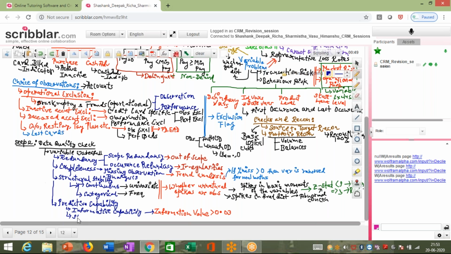So over here, there are three things. One is whether the p-value is less than 0.05 or not for the logistic regression model, and whether the sign of the variable is appropriate or not, that is, the sign ambiguity.